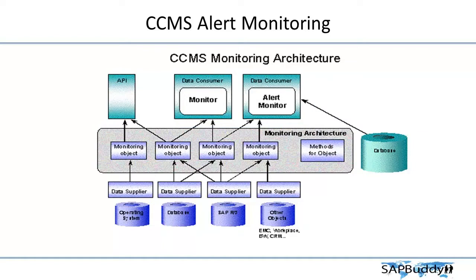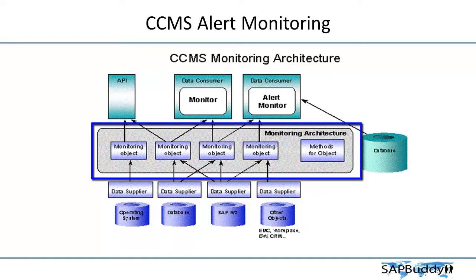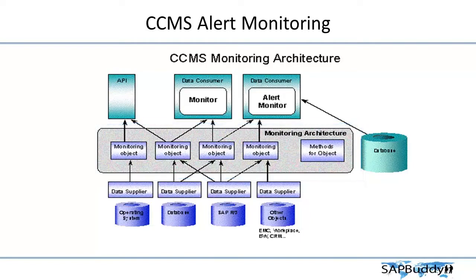This part, if you can see, the data collectors, what they do is regularly collect this data, and the data will be saved in some particular tables in the form of table entries. So this data is regularly collected, and you can keep this information for your statistical reporting, and then you can analyze it later. This is the way the CCMS works.